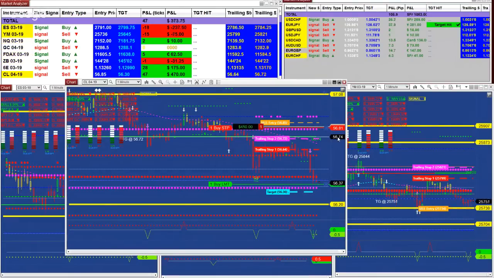There we go. Look at this. Look at this baby. It's down to the tick. You are in control with this market. The market is not in control with you. So accuracy is number one in trading.